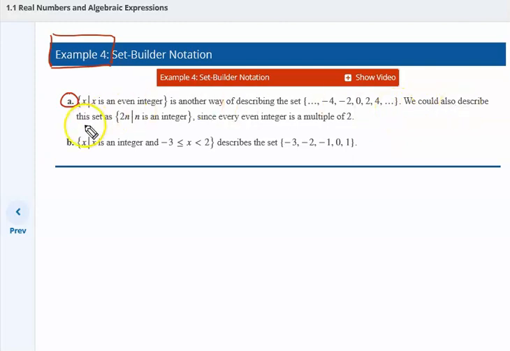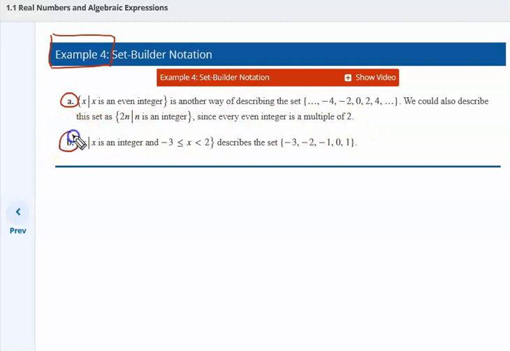We could also describe this next one as 2n such that n is an integer, since every integer in this case would be a multiple of 2.